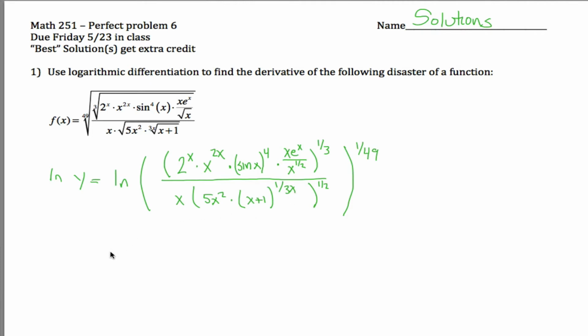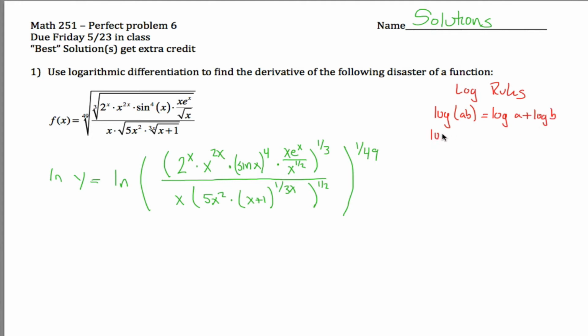Alright, still a little bit impossible to look at. But what we can do is apply a bunch of different log rules. So we have 3 different log rules. Maybe I'll write these out here. We know that the log of a product, a times b, is equal to the sum of those 2 logs.